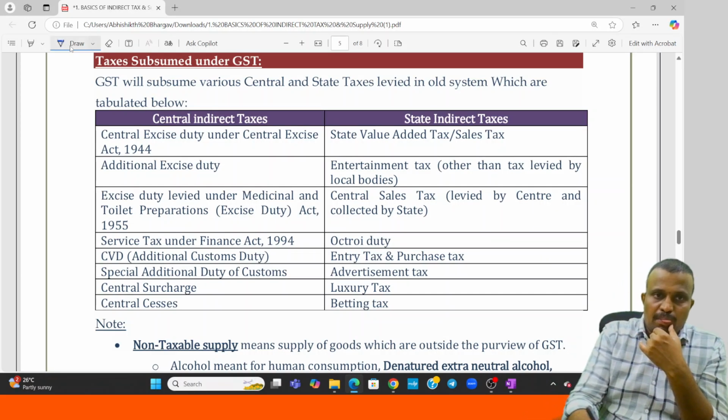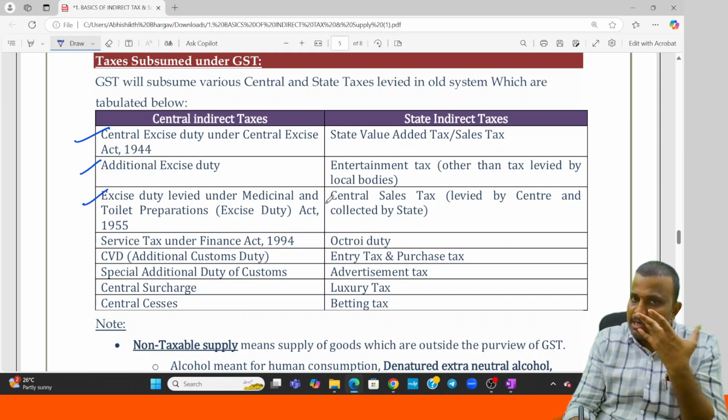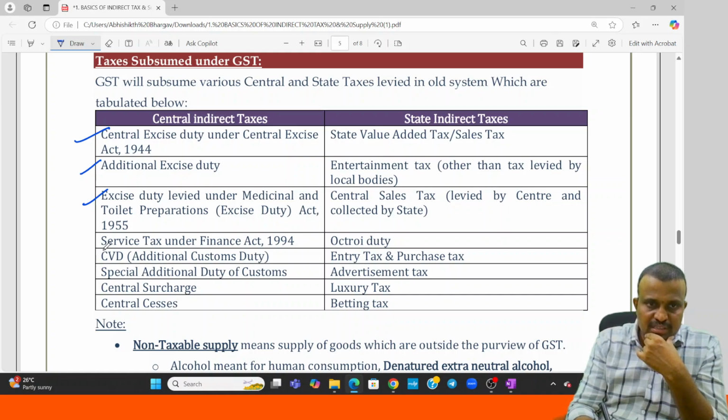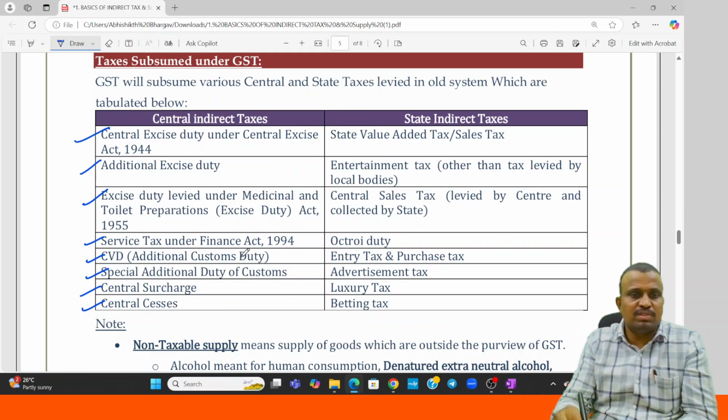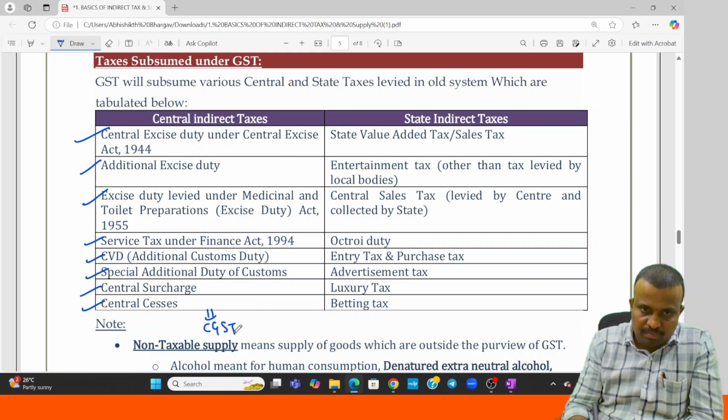So here, the central indirect taxes are central excise duty, additional excise duty levied under the Medicinal and Toilet Preparations Act, service tax, countervailing duty, special countervailing duty, central surcharges and central cesses. These are all subsumed under the purview of GST, and all are covered under CGST.